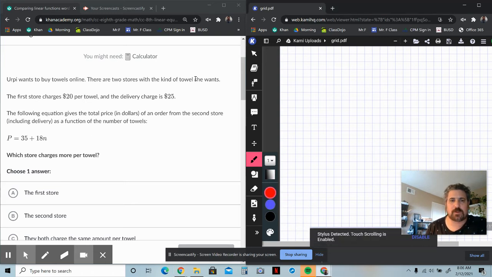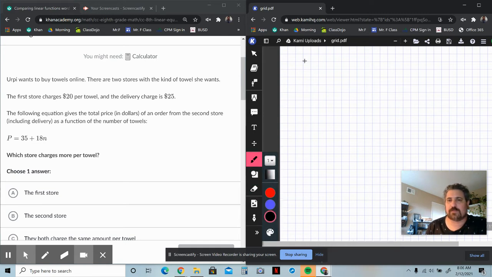When you're writing the equation for y equals mx plus b, you're really looking for where does it start and how does it grow? The fixed cost is where it starts, and that's not going to change. Then you have a variable, x, which in this case is the number of towels.